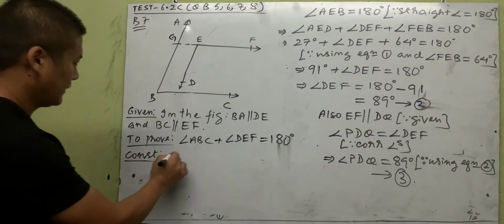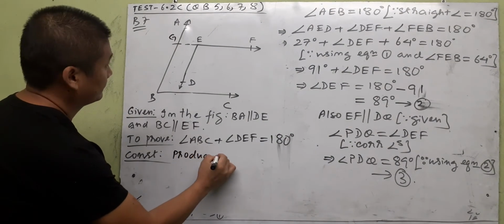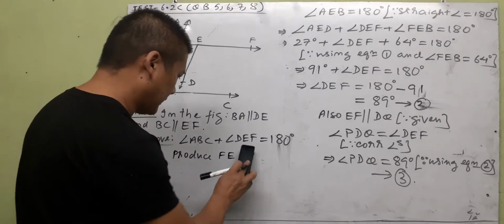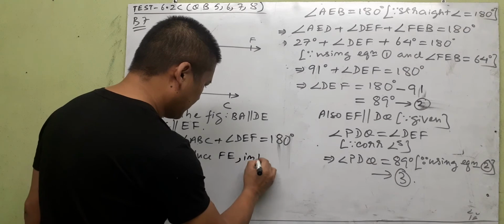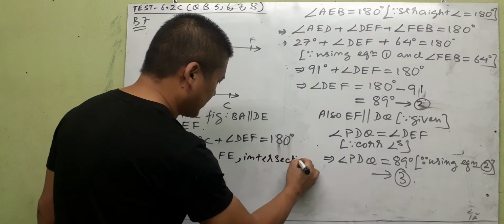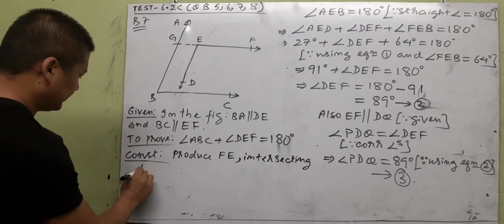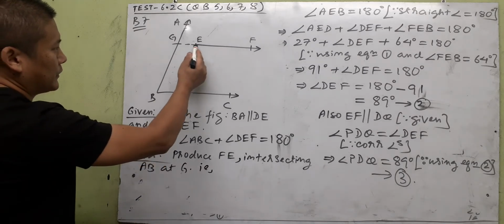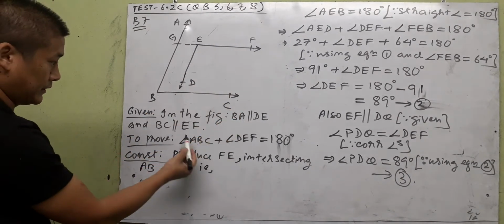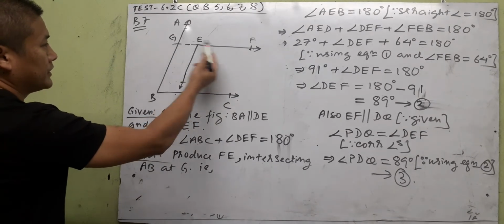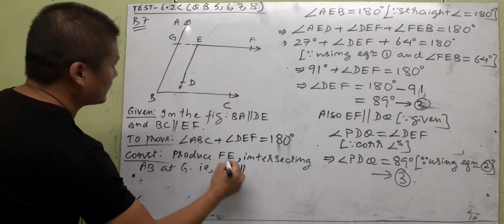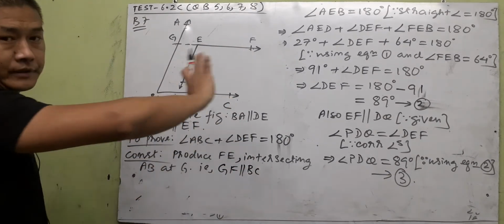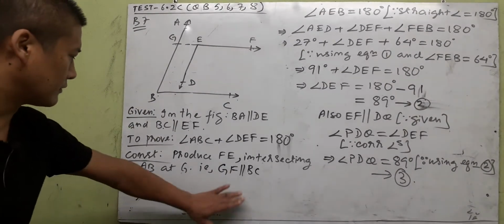So you write that: produce FE intersecting AB at G. We know EF is parallel to BC, so GF is parallel to BC, because GF and EF are part of the same straight line. So that's what we got by construction.